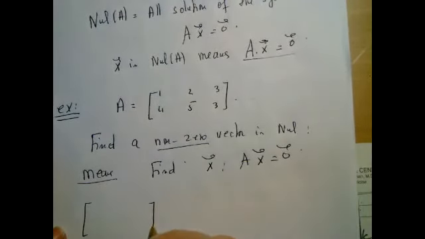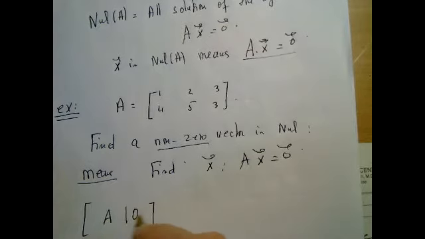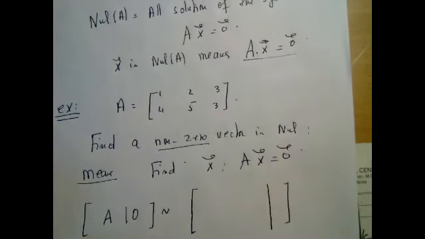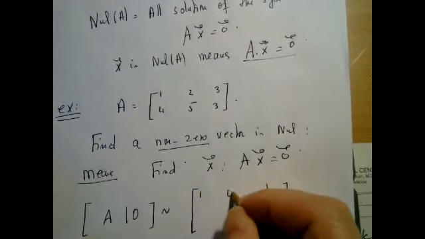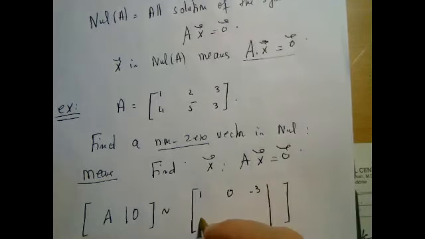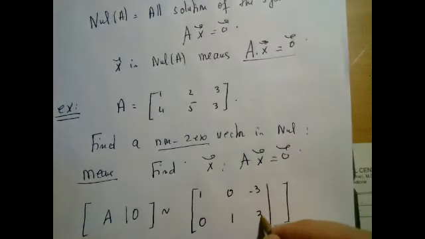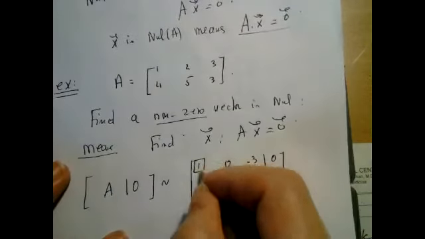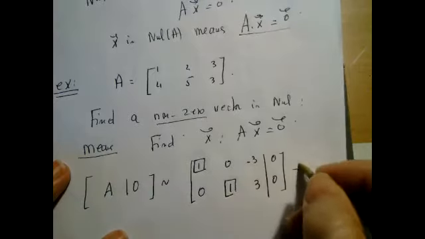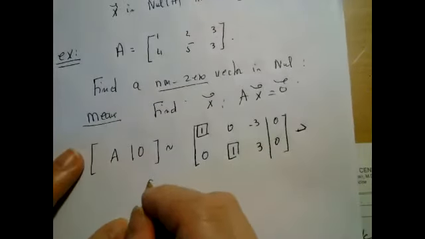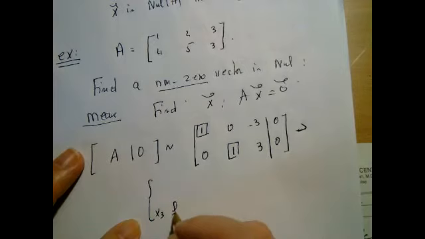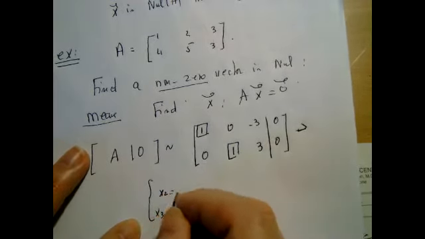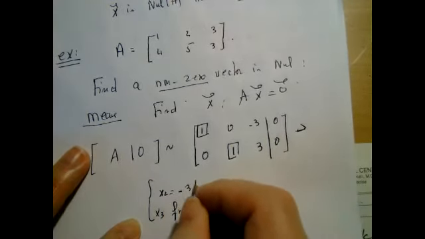So here the idea is that we take A, 0, we solve, and we reduce. If you reduce it, you get this one, with zero rows. Now I solve. Those are my basic variables. And x3 is free, so we set this to be my parameter t. x2 is going to be minus 3t.